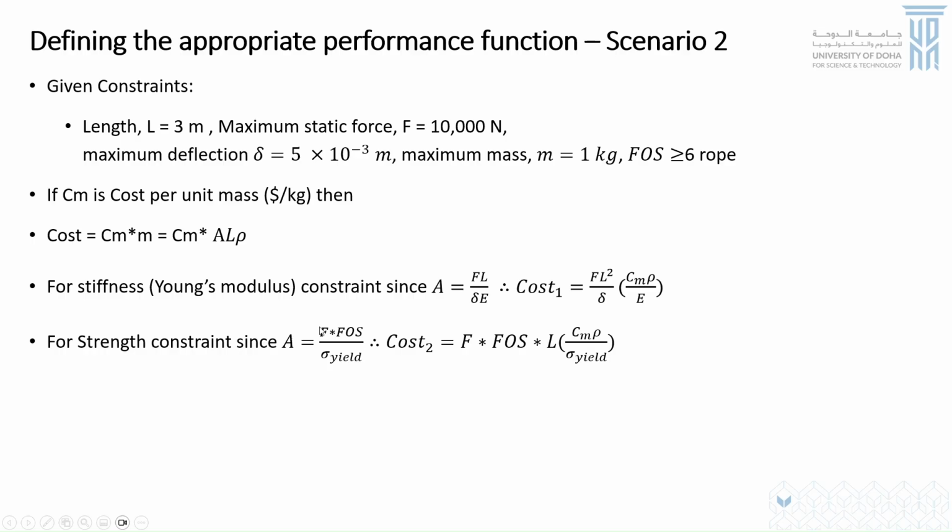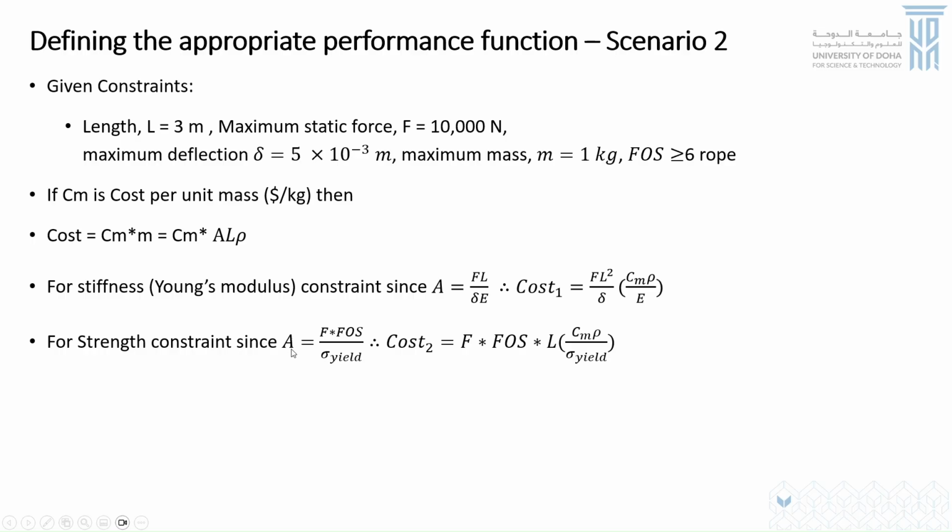To account for that increased value of the force, and to keep the rope safe, we have to make sure that the yield strength is greater than the actual stress in the bar.